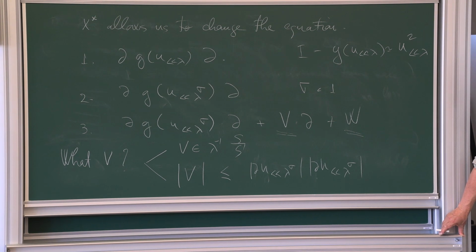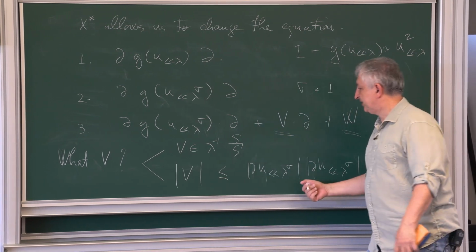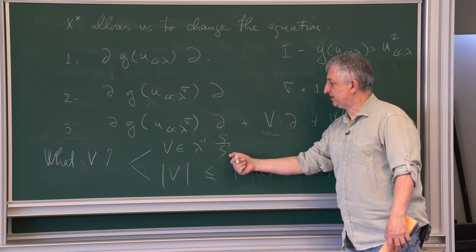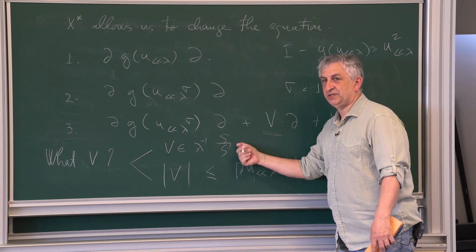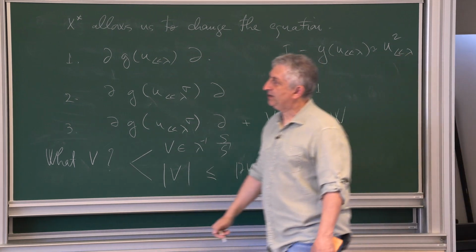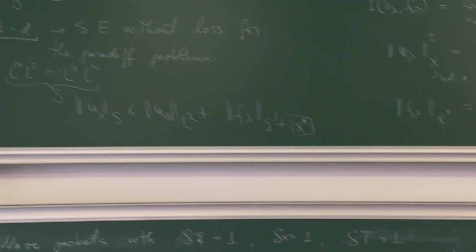Well, first of all, why does this work? Obviously, the contribution of this component of V, I cannot estimate it using the Strichartz norms. So the way to estimate the contribution of this V is to use this X star norm.